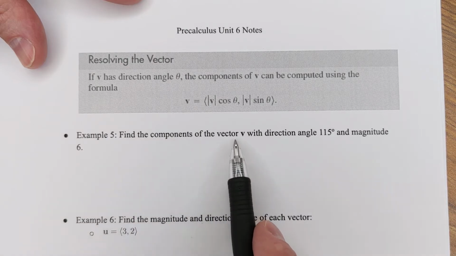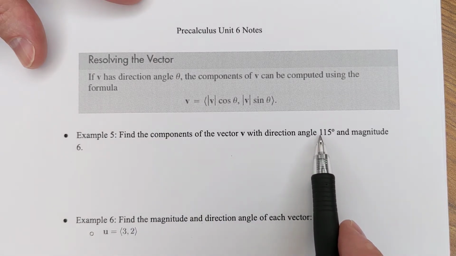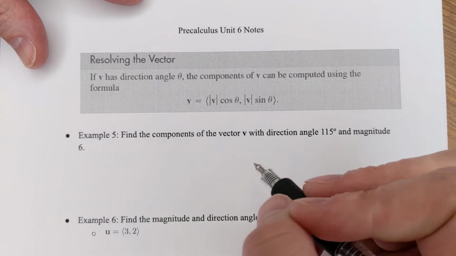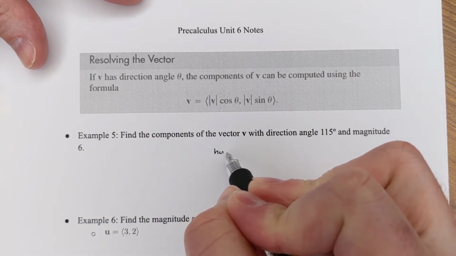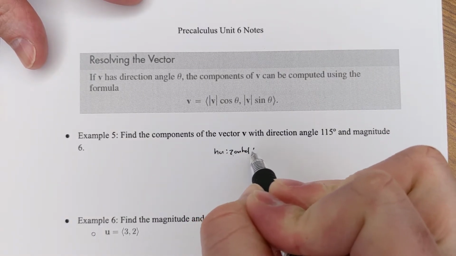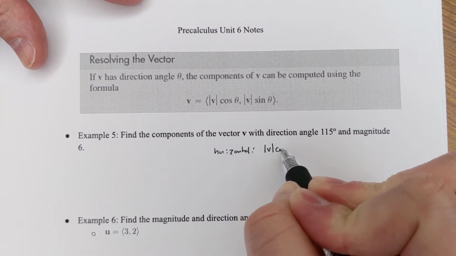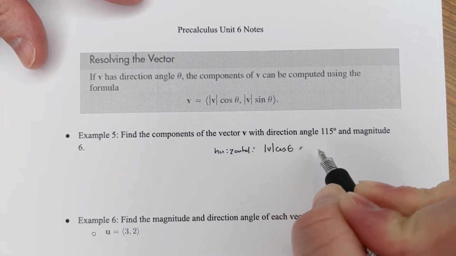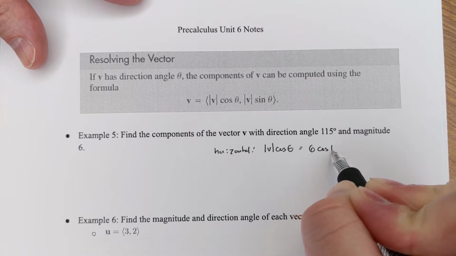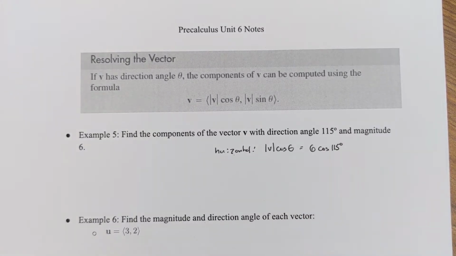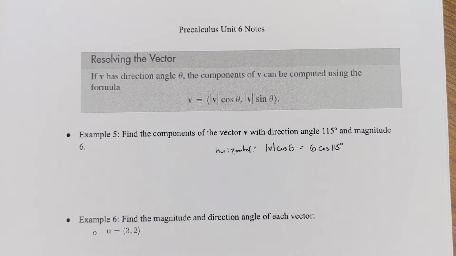So find the components of the vector v with direction angle 115 and magnitude 6. So the horizontal component is given by the magnitude times the cosine of the angle, which would become 6 cosine 115. Make sure my calculator's in degrees.